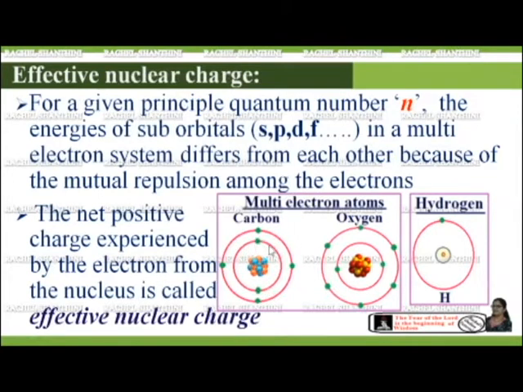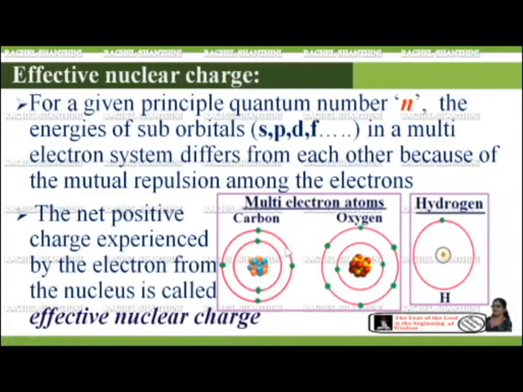Even though there is a shielding effect which reduces the effect of full positive charge of the nucleus upon the electrons present in the outer shell, the attractive force experienced by the outer shell electrons increases with increase in the nuclear charge. Therefore, the effective nuclear charge of oxygen is greater than the effective nuclear charge of carbon.